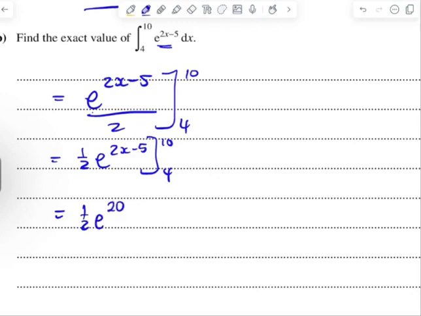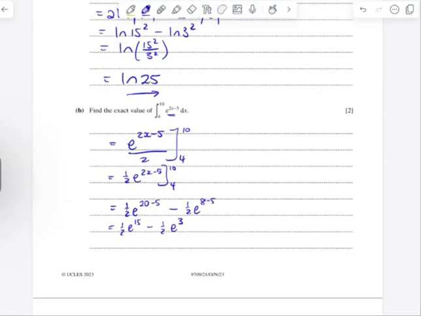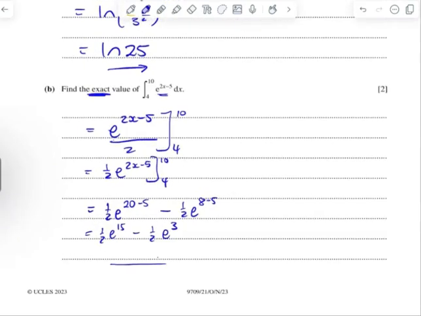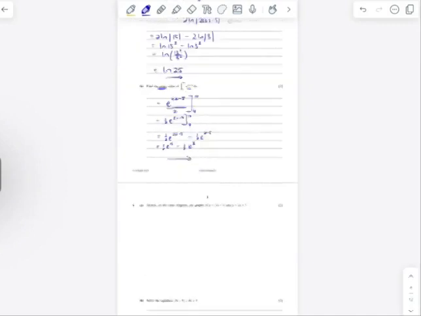I'm just going to plug this in immediately, 20 minus 5, and then 8 minus 5, which is going to leave us a half e to the 15 minus a half e to the 3, and they did ask us for the exact value, so they don't want any decimals, and we can leave it exactly like that.